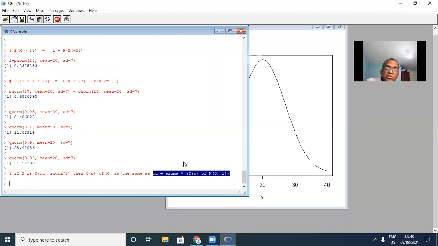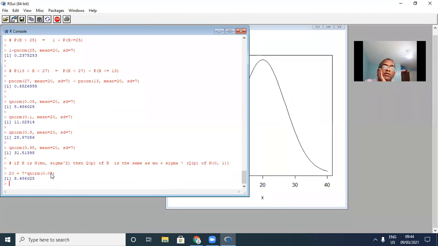Now let me illustrate this. Let's go back to this here. This is the quantile at 0.05 of a normal variable with these parameters. Now I'm going to show you how to compute this using this formula. Your mu is 20, your sigma is 7, times qnorm at 0.05. As I mentioned before, if I don't put the mean and standard deviation, R assumes the mean equal to 0 and standard deviation equal to 1.